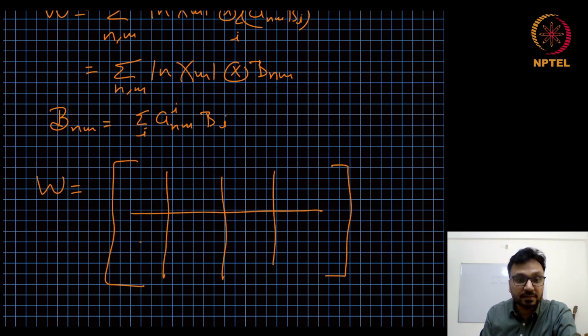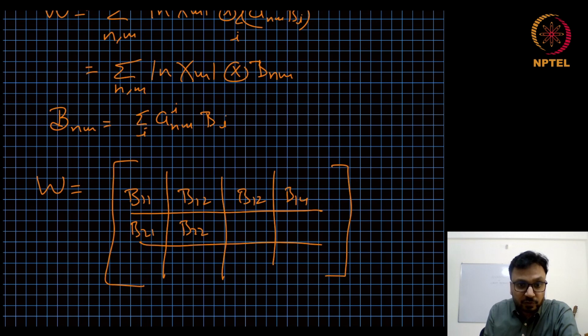I'm just putting this grid for reference purposes. So this W can be written as a matrix of matrices, where each element is a matrix: B11, B12, B13, B14, B21, B22, and so on.